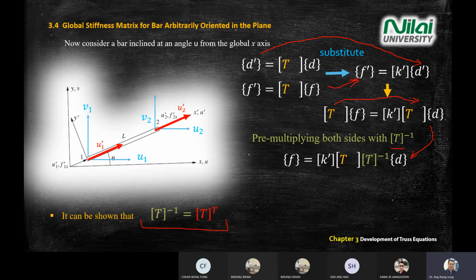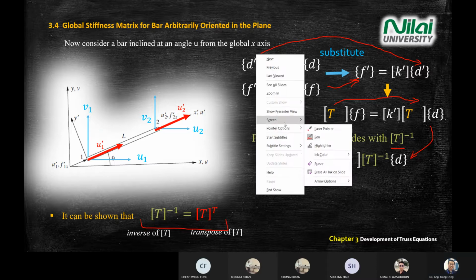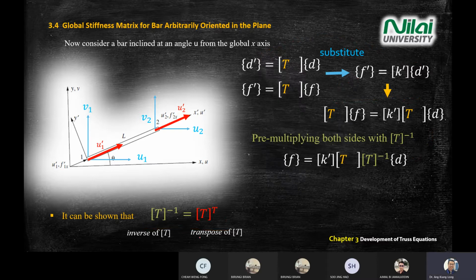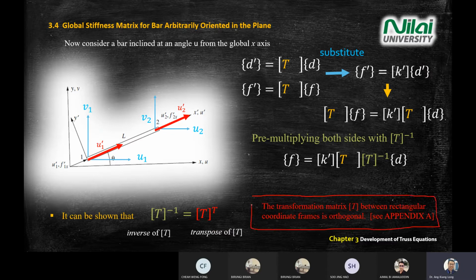So T minus 1 can be written as the transpose. The inverse of T equals the transpose of T.